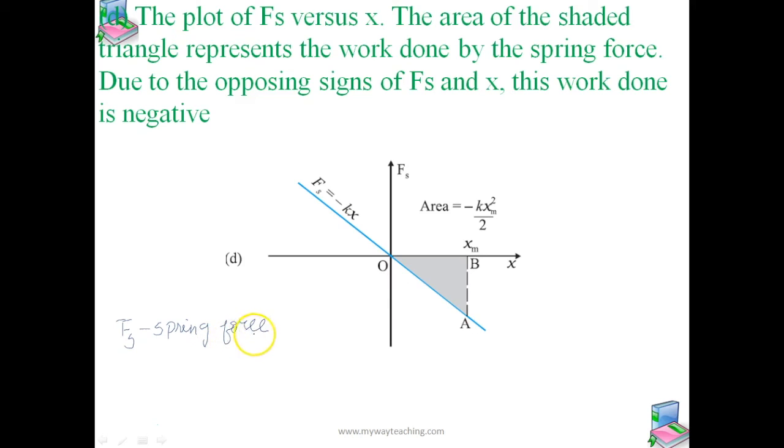The area of the shaded triangle represents the work done by the spring force, and due to the opposing signs of Fs as well as x, the work done is negative.